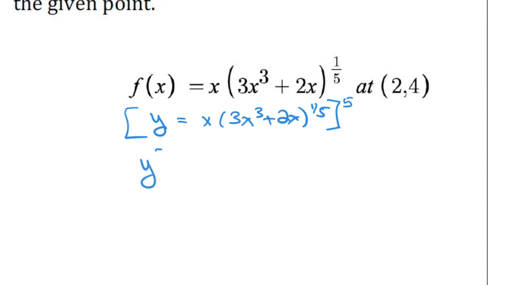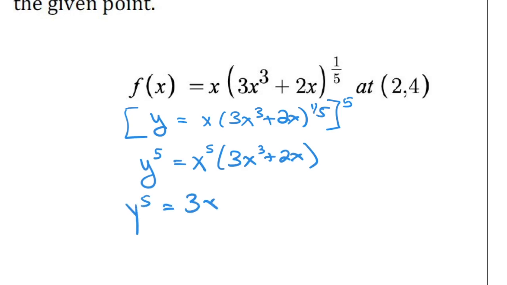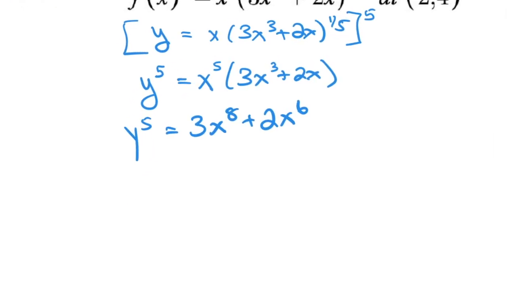I would get y to the 5th equals x to the 5th times my (3x to the 3rd plus 2x). Well, that's nice. And then maybe I'll do a little bit of multiplication. That gives me 3x to the 8th plus 2x to the 6th. So this might be a little bit easier to find your derivative.